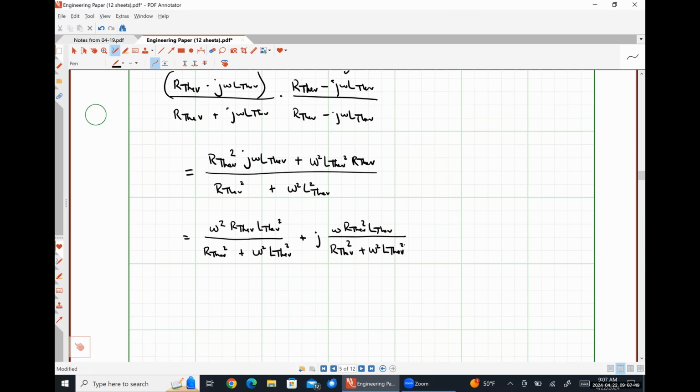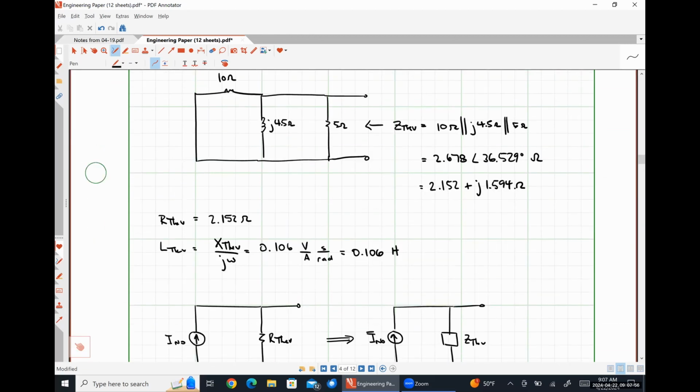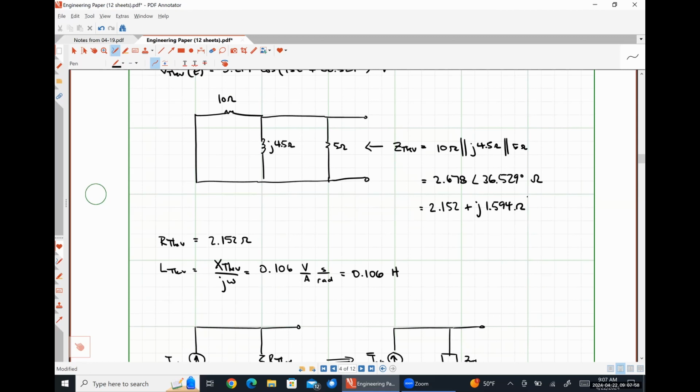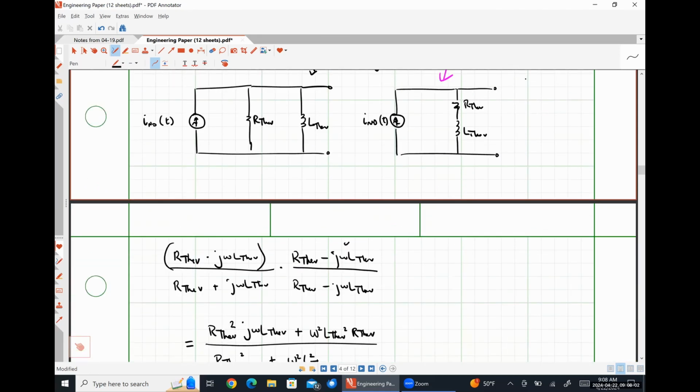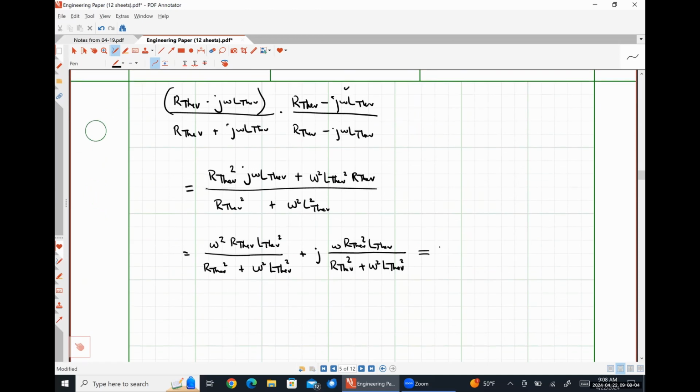And so we would set this equal to this guy right here, and that should allow us to calculate for a value of R and L that satisfies that.